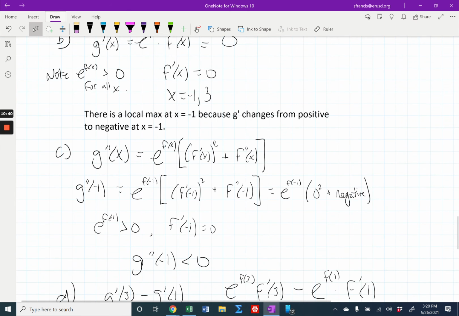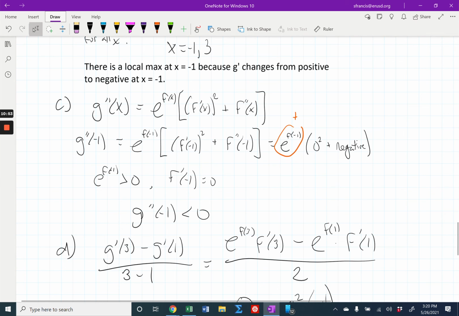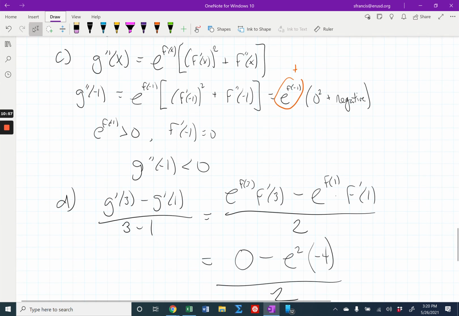So we're going to have e to the power of f of negative 1, which is positive, times 0 plus a negative. Well, 0 plus a negative is negative. So a positive times a negative is going to be negative, and so g double prime of negative 1 is less than 0.